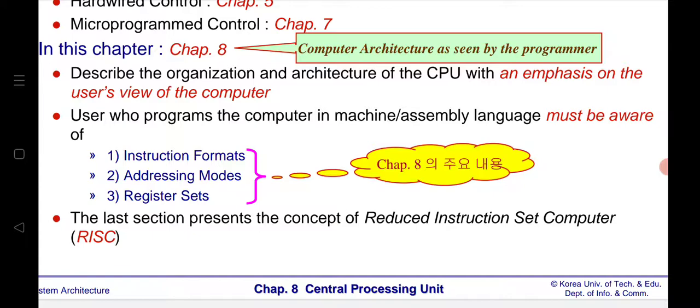So whenever a programmer writes a program for a particular system, he should have a good idea about the machine and assembly language of that particular processor. The things he should know in that assembly language are the instruction formats, addressing modes, and the register set.